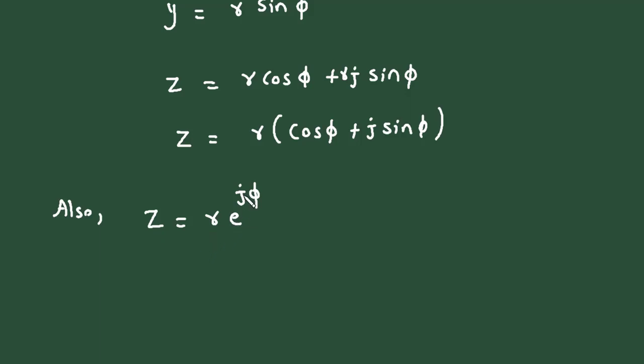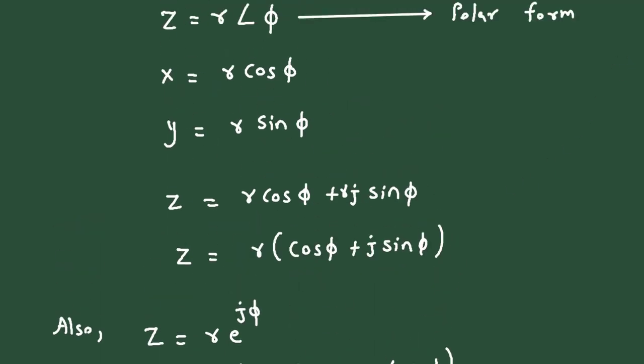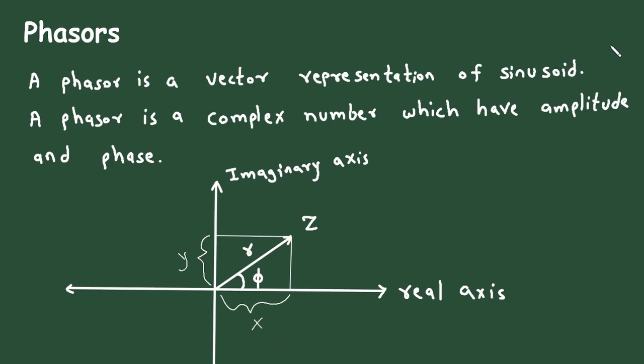But e to the power j phi is equal to cos phi plus j sin phi. So this is about phasors.